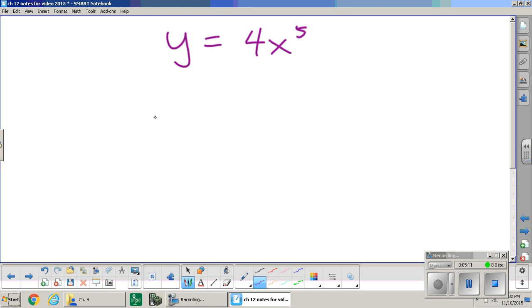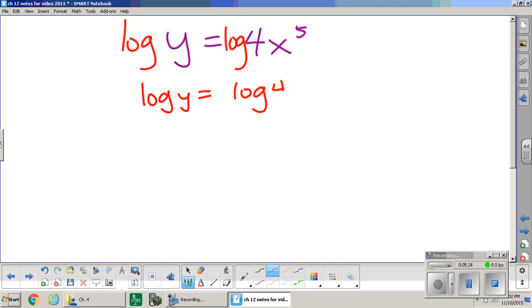Everyone's all set to check your work. If I log both sides of this equation, we have log y equals log 4 plus log x to the 5th.